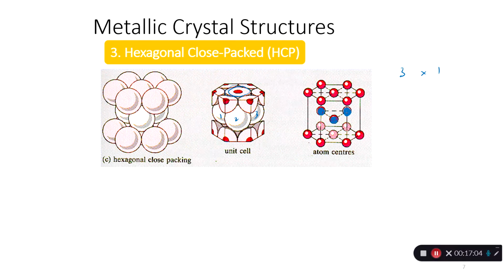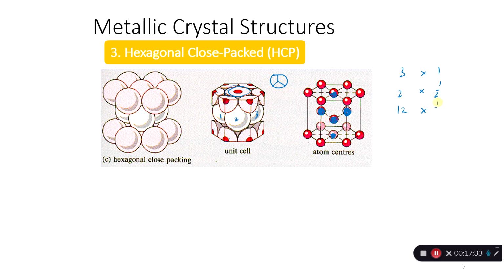So we have 3 whole atoms, and then at the top, look at this, and everything is the same at the bottom. So we have a half atom, the count of 2. And then at each corner here we have 1, 2, 3, 4, 5, 6, another 6 at the bottom, that's 12 corners. Each is a sphere cut into 3.